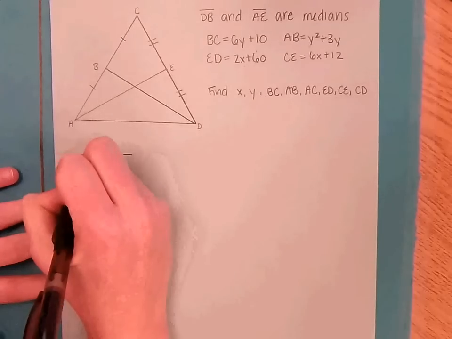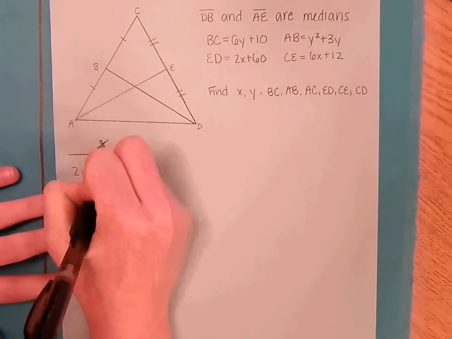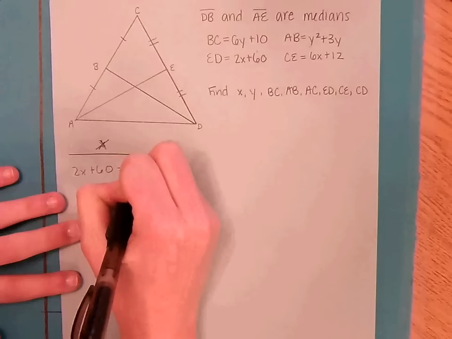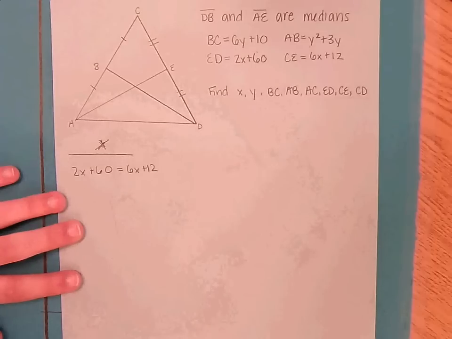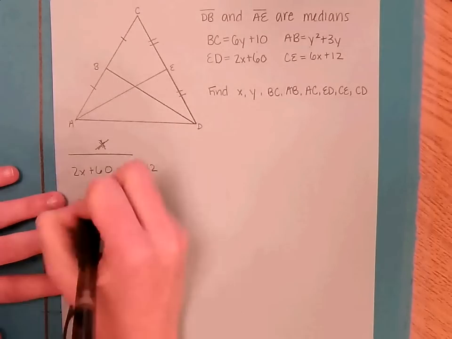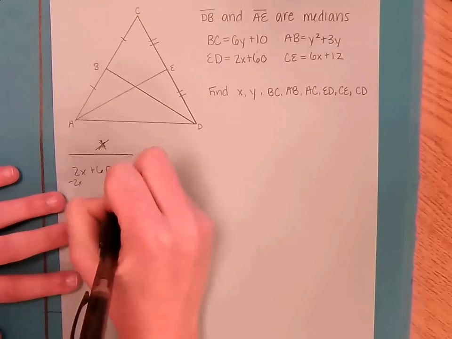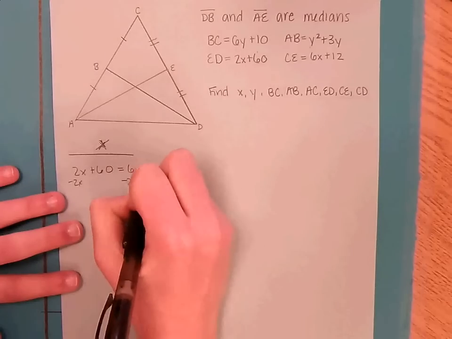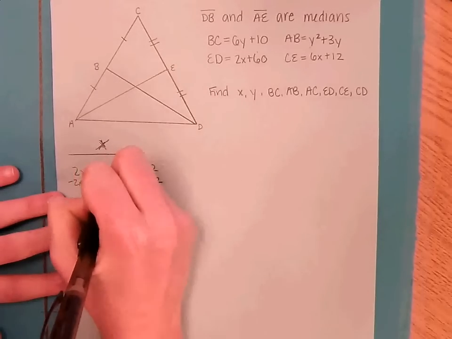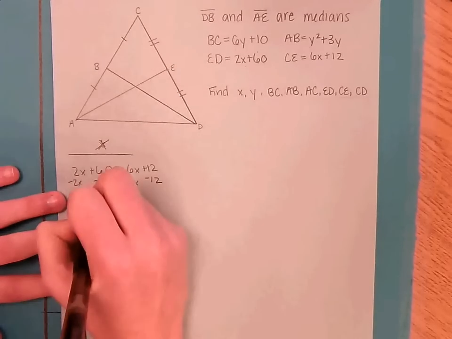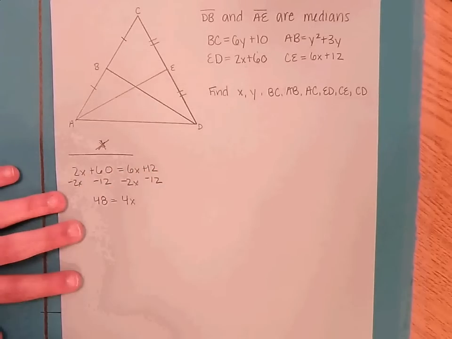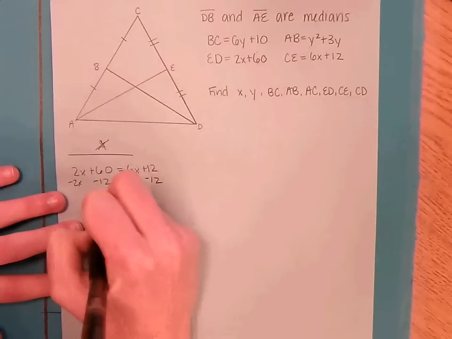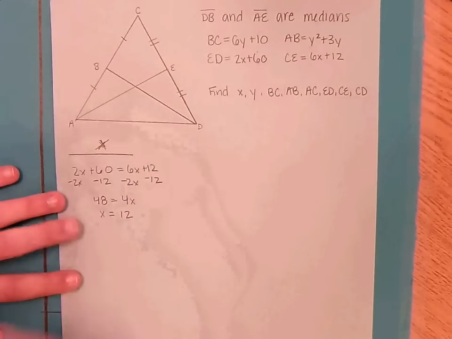So you get 2x plus 60 equals 6x plus 12. Then we're going to subtract 2x, subtract 2x, subtract 12, subtract 12. So you're going to get 48 equals 4x, which means x becomes 12.